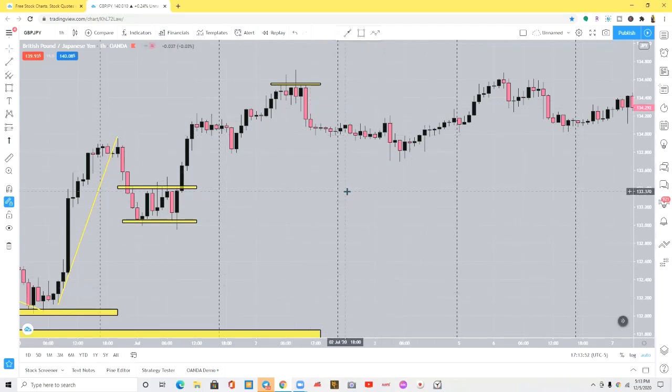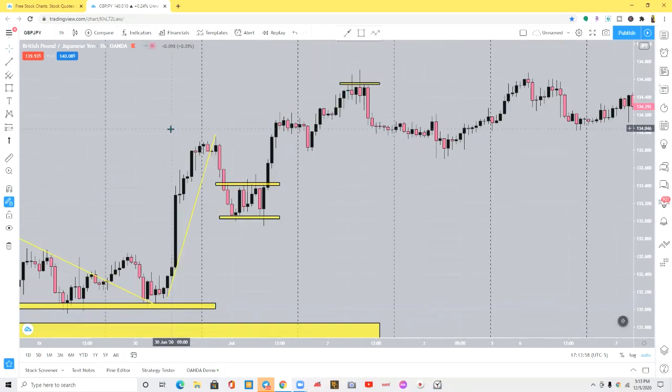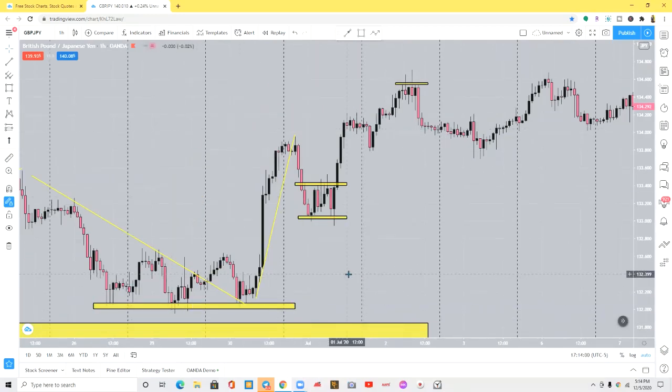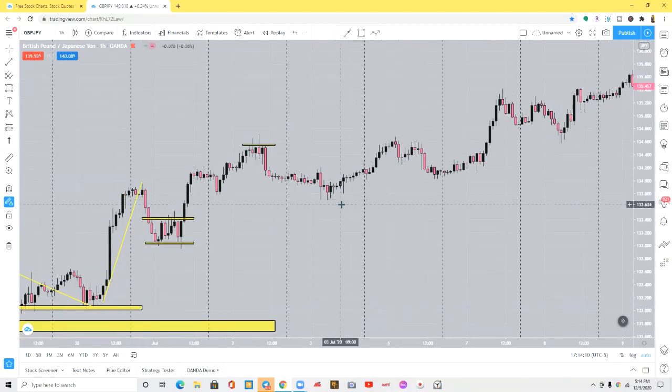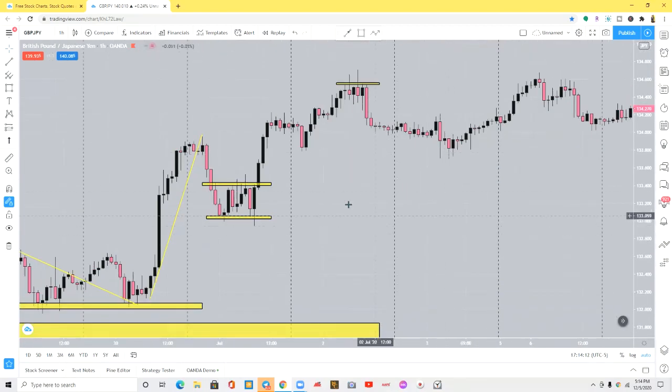I feel like if you can understand basic support and resistance and you can identify every detail of support and resistance, I think it's much simpler than having EMAs, having some type of MACD or whatever other traders use. We got to make it as simple as possible. Yeah, make it as simple as possible.